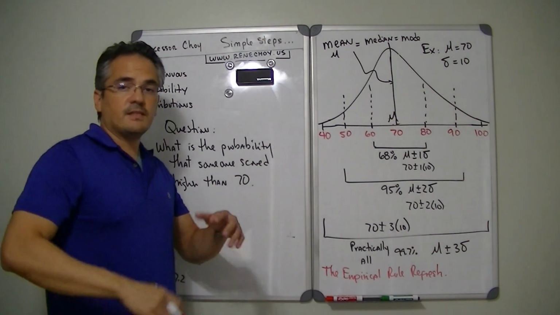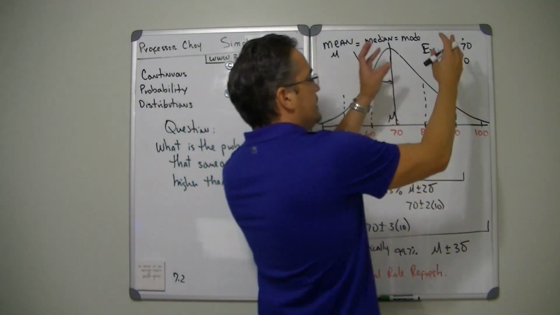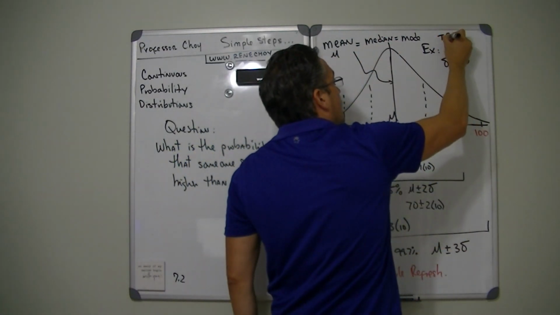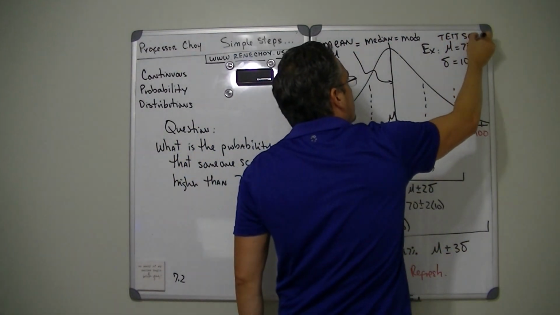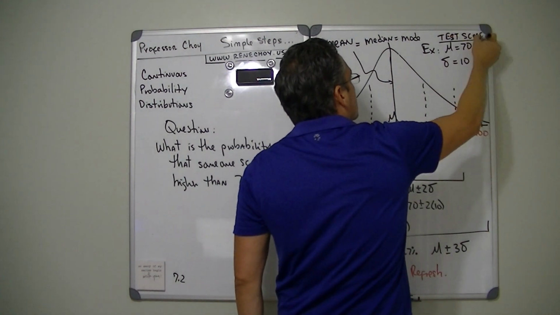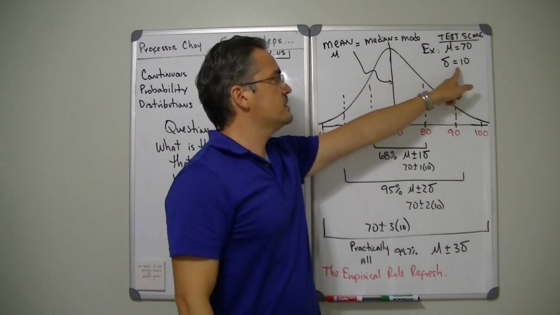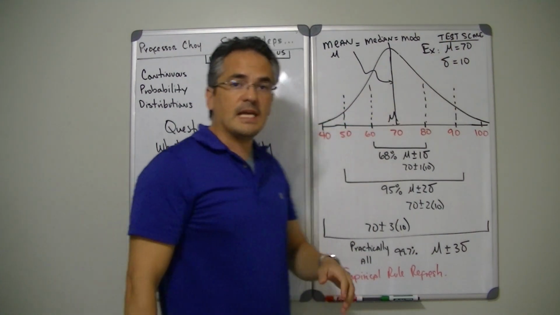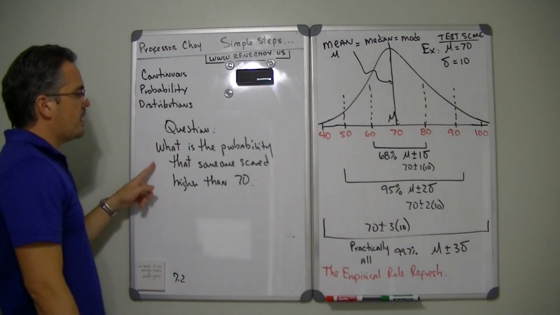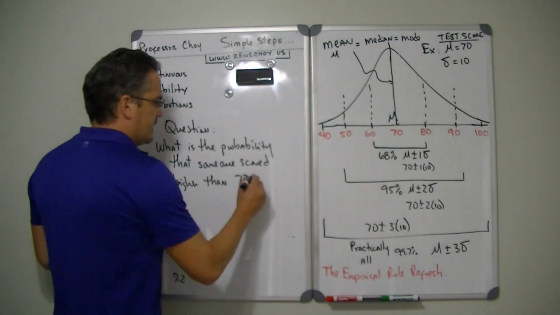Alright, so again, imagine for the sake of argument that these are test scores. And now we found out that the mean test score was 70 and the sigma was 10. Somebody's asking you, what is the probability that someone scored higher than 70?